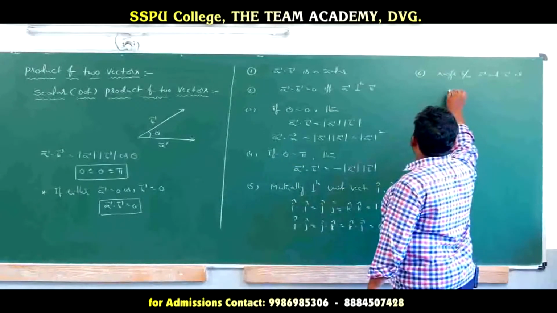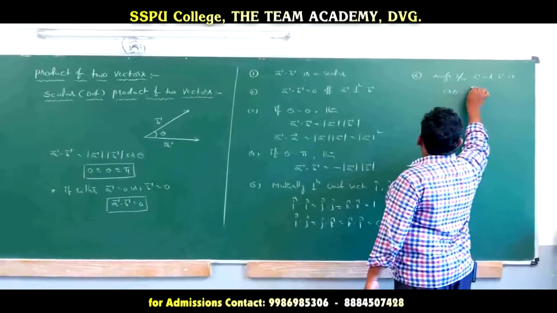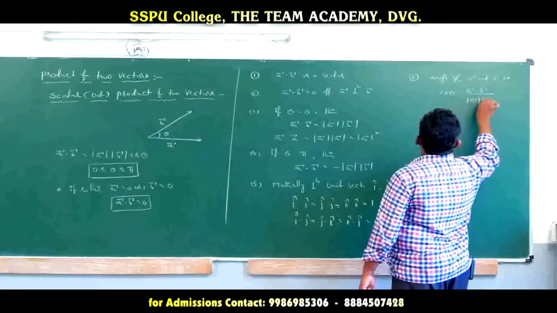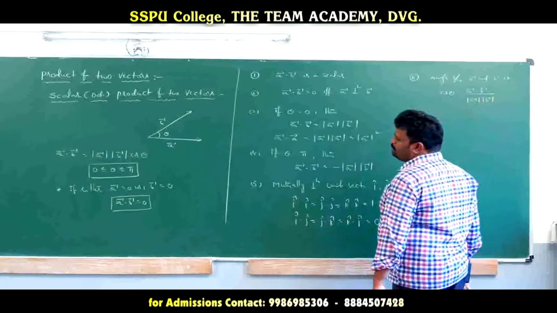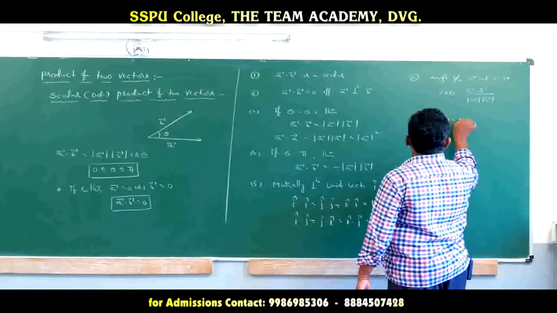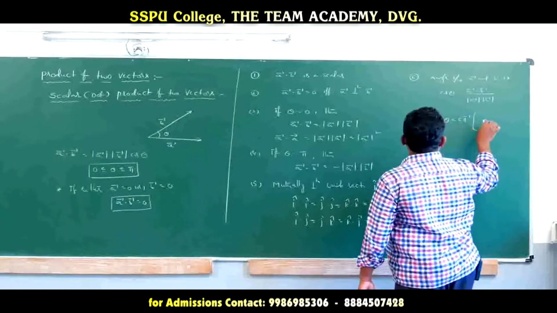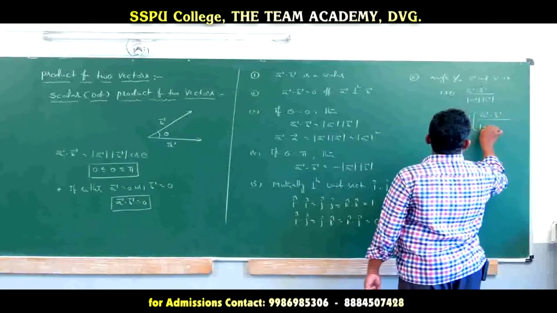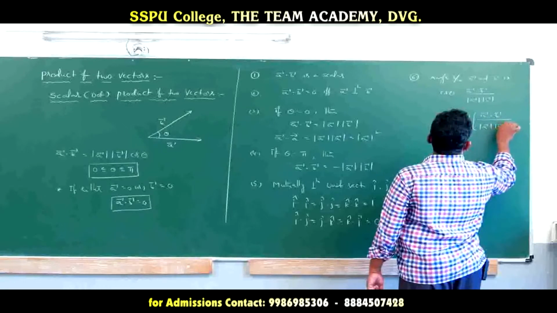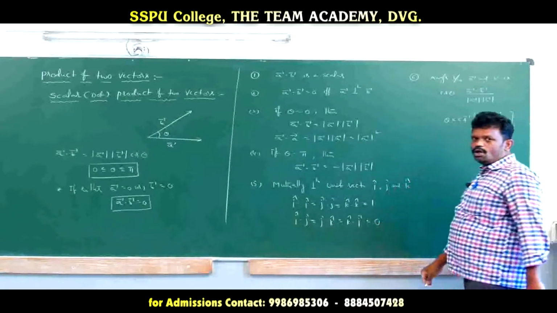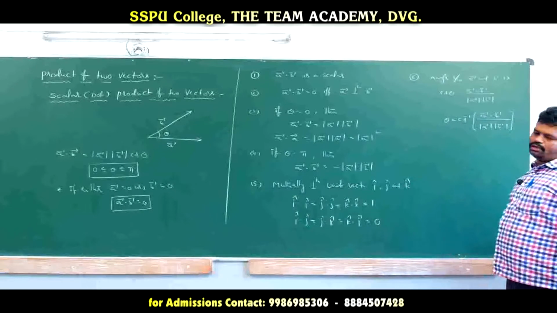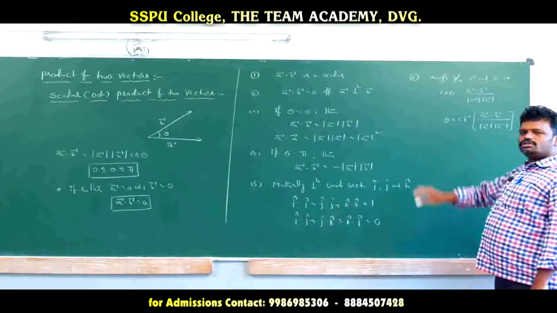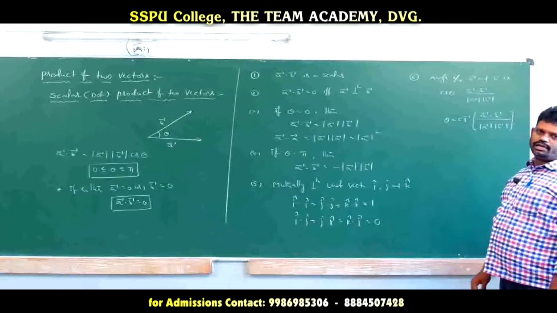From that, cos theta is equal to a bar dot b bar by magnitude of a bar into magnitude of b bar, or theta is equal to cos inverse of a bar dot b bar by magnitude of a bar into magnitude of b bar. These results are very important for solving problems and for concepts also.